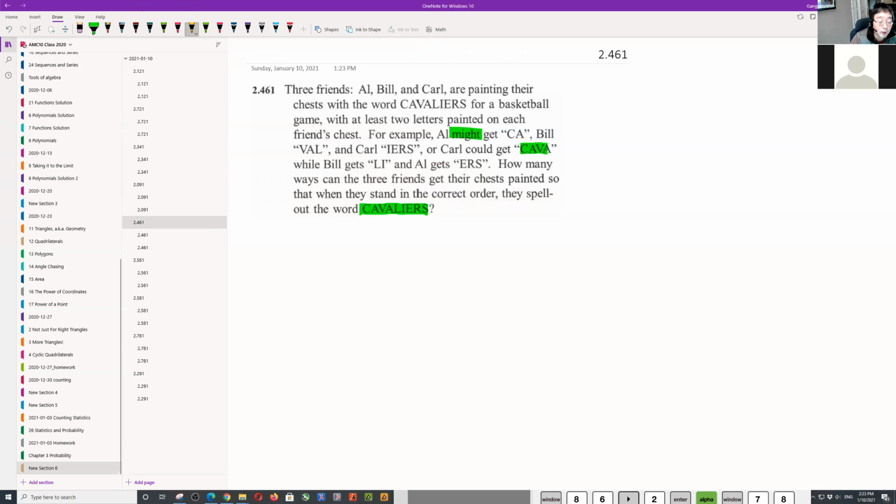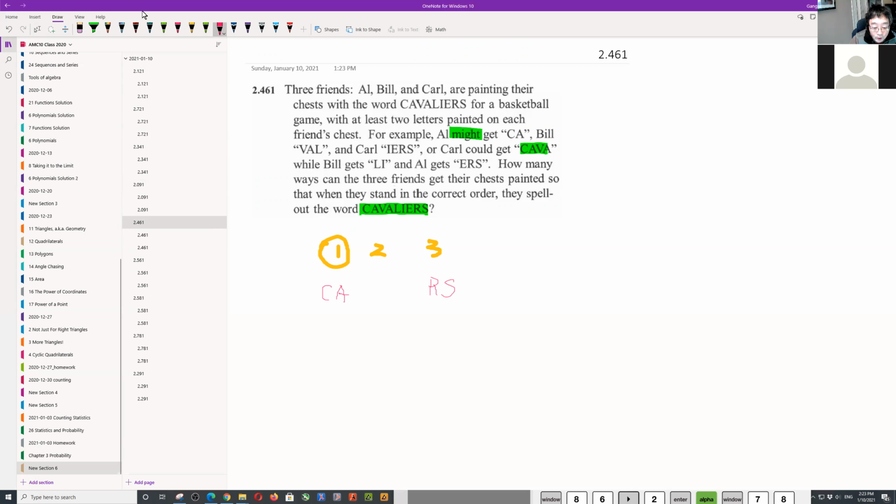So basically they are like person 1, 2, 3. The first person needs to get at least 2 letters, the first letter CA, and the last person needs to get the last 2 letters, RS.